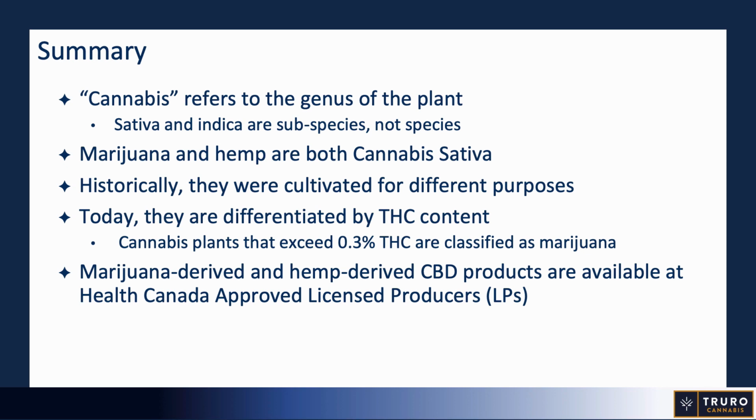But things have changed, and now many hemp plants are cultivated to produce resin. Cannabis plants that exceed 0.3% THC are classified as marijuana in Canada as well as the United States. Marijuana-derived and hemp-derived CBD products are available at Health Canada-approved licensed providers, or LPs.